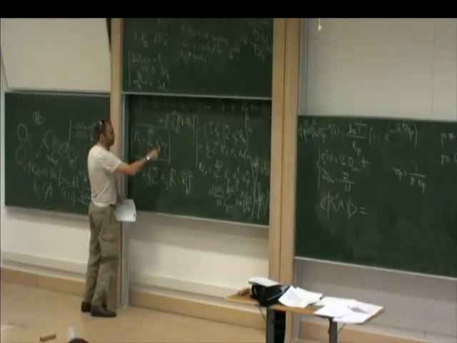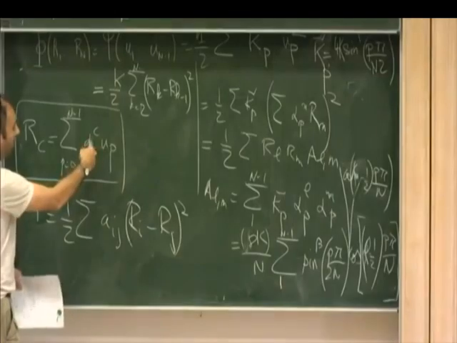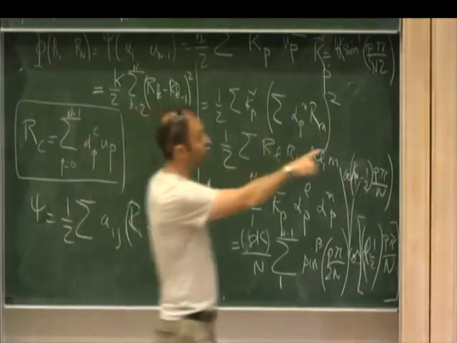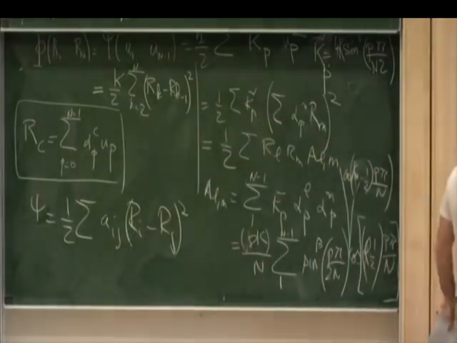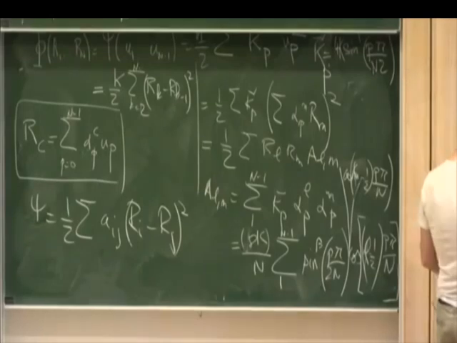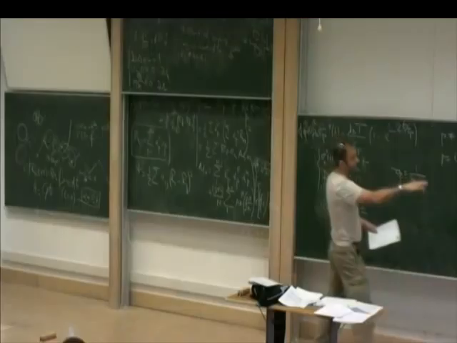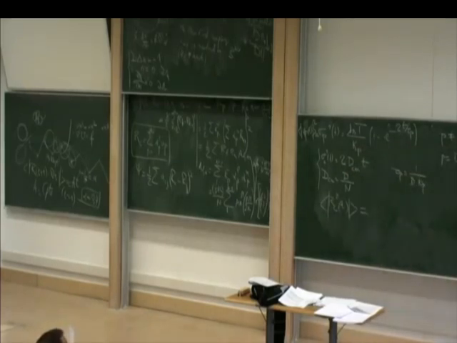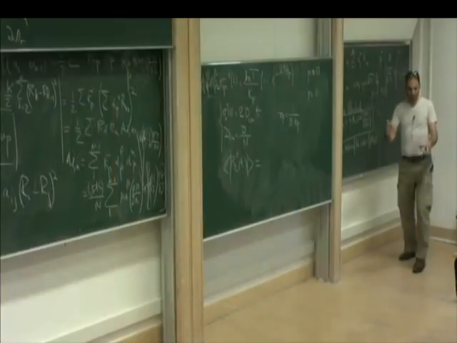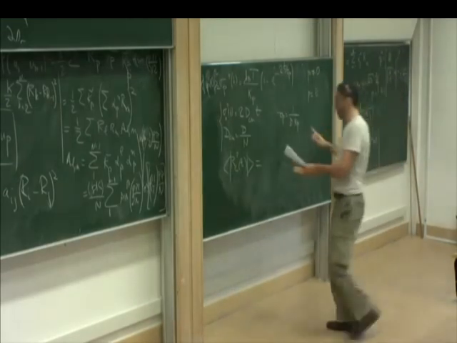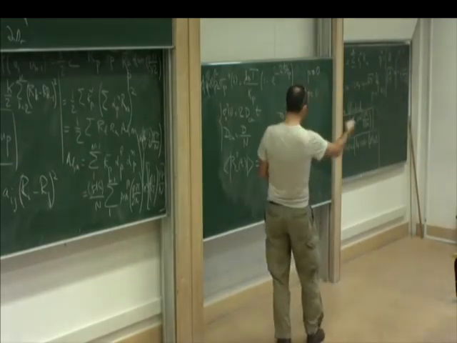Alpha, this is a matrix which is independent of any time. u p is a solution of Ornstein-Uhlenbeck, and we just calculated the mean square displacement. Since all the u p are independent, because one doesn't depend on the other, when you average the cross terms, they are going to be equal to 0.